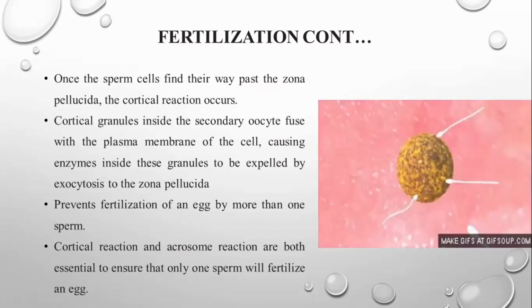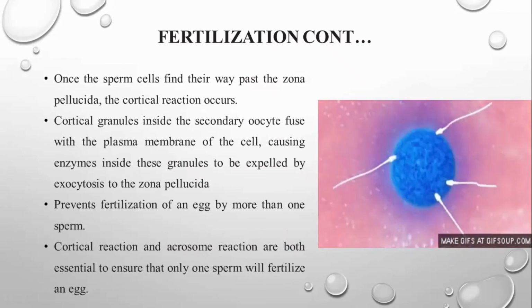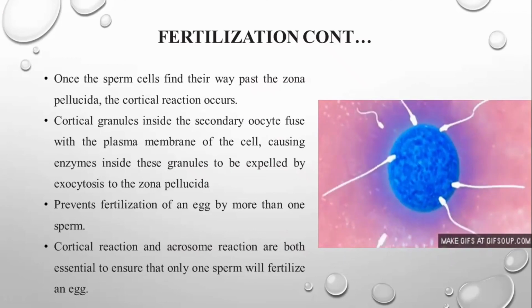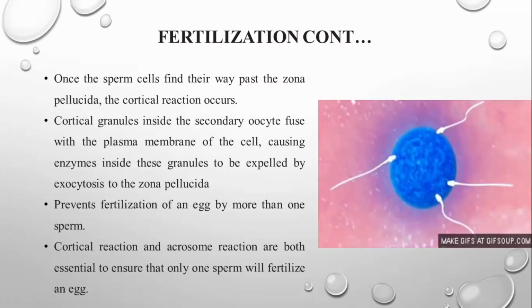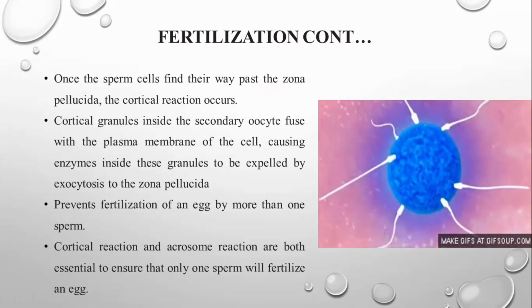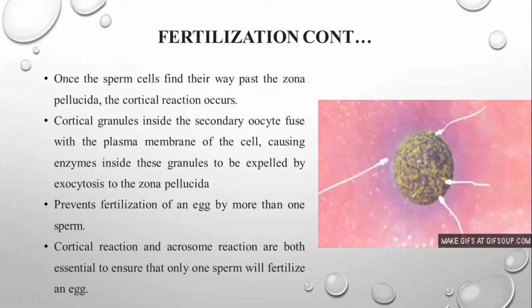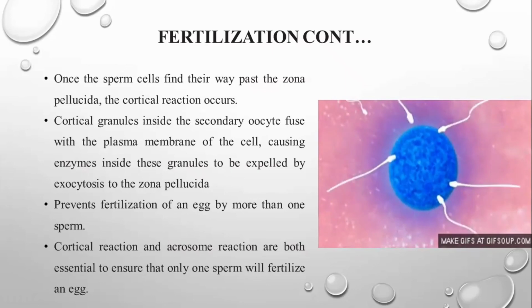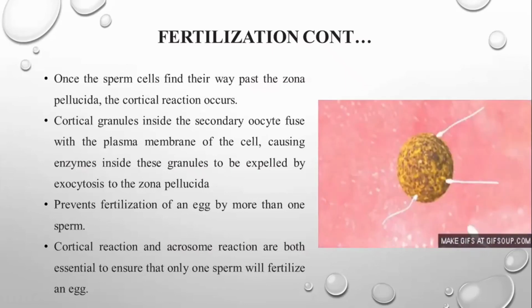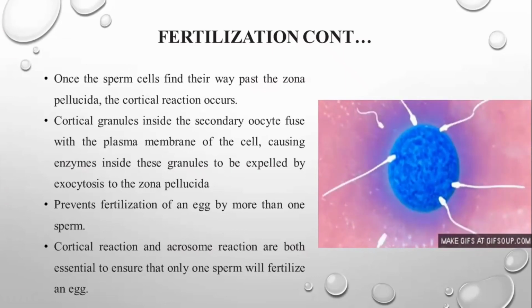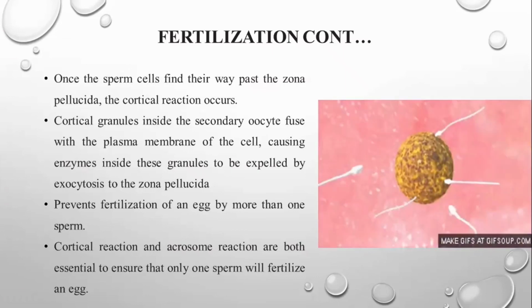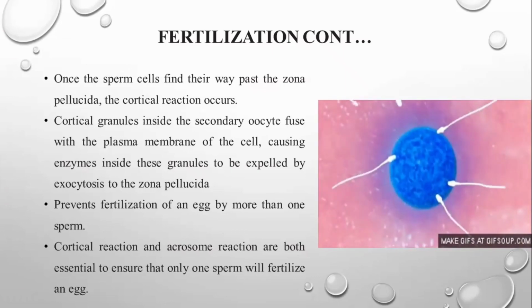Sometimes you might ask a question: sir, in case two sperm disintegrate into the ovum at the same time, what will happen? So this cortical reaction as well as the acrosome reaction will take care of that. Only one haploid nucleus will get fused with the haploid nucleus of your ovum. That's very important.